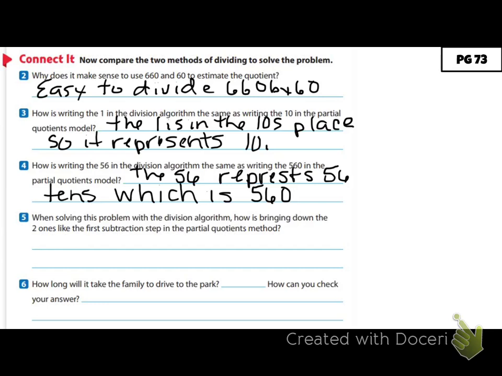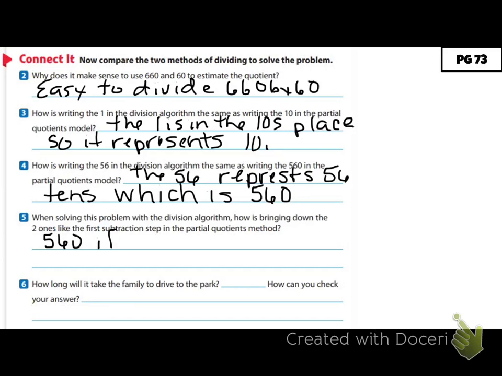Number 5, when solving this problem with the division algorithm, how is bringing down the 2 ones like the first subtraction step in the partial quotients method? Well, with the 1 up above, it tells us that our 56 tens represents 560.